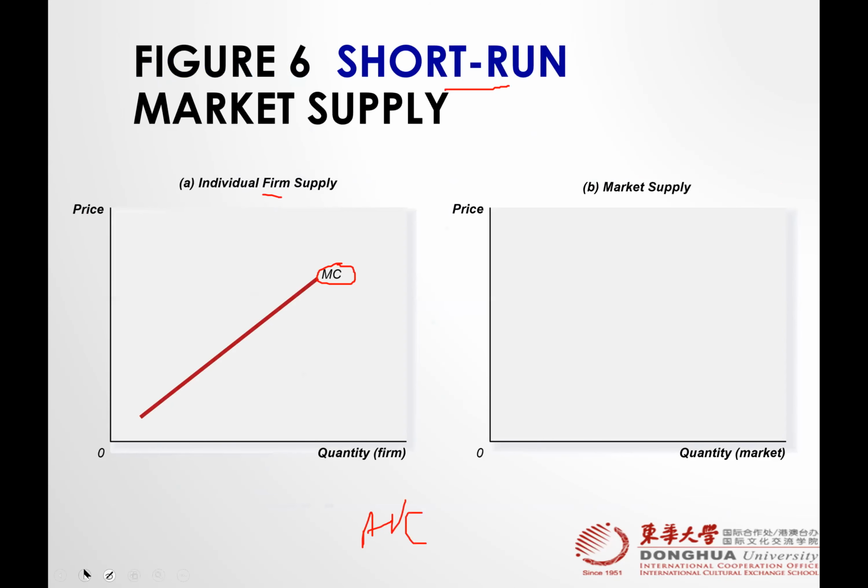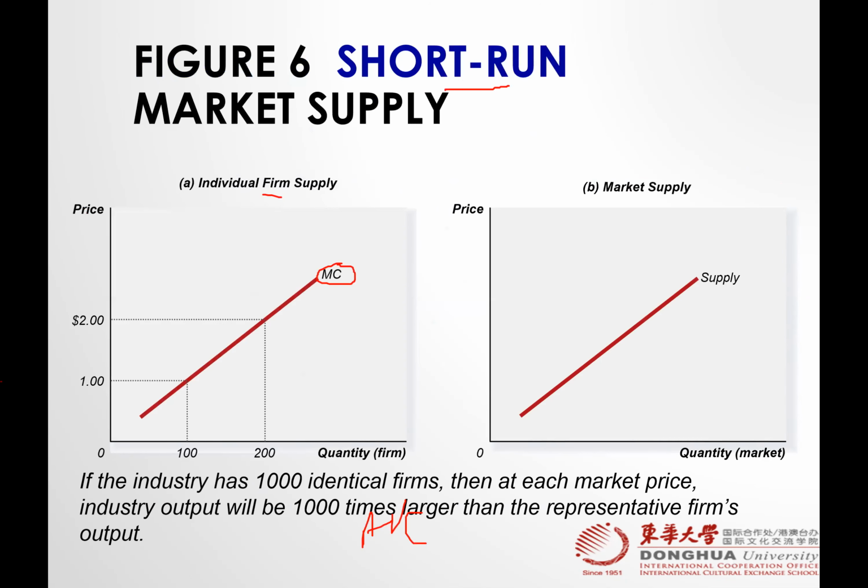If we add all the individual firms, for example, in a market there are 1,000, so the quantity will become 1,000 times, become 100,000, right? You just need to add, that's it. Price is still there, so the quantities will become the market quantity.